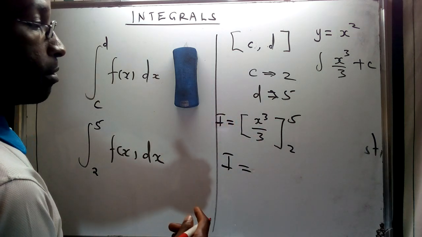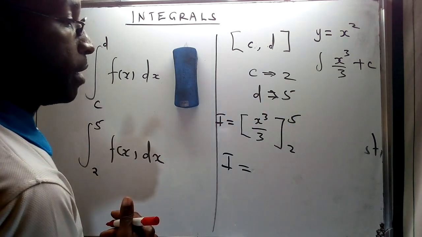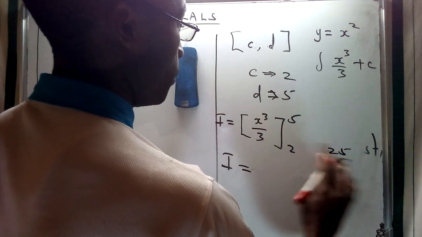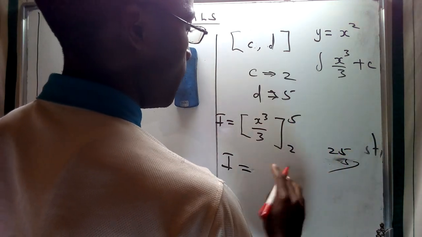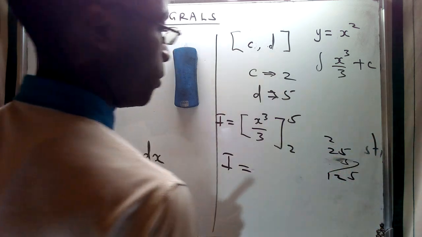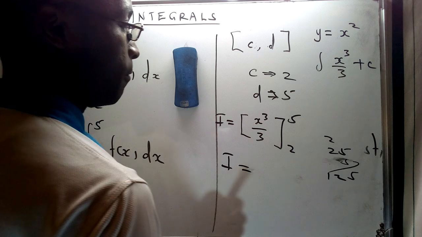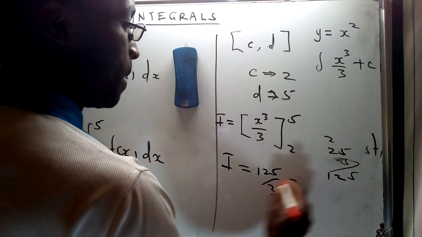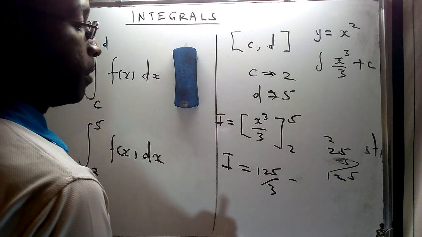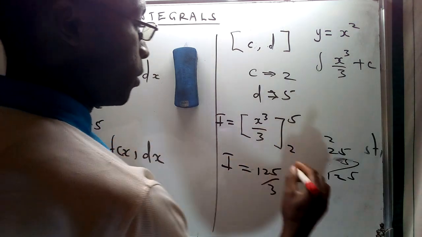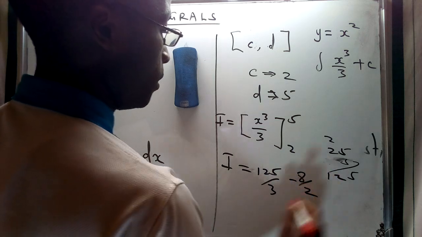We are going to do a substitution. So this is 5 to the power 3, which is 5 times 25, that is 125. And therefore that is going to be 125 all over 3, minus, if this one is 2, then this is going to be 8 over 3.